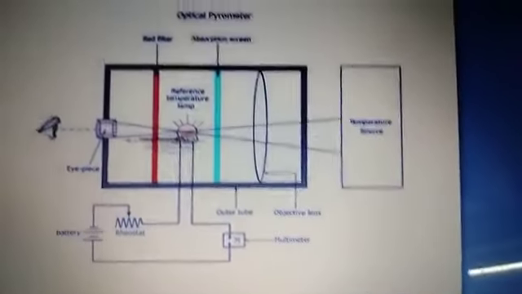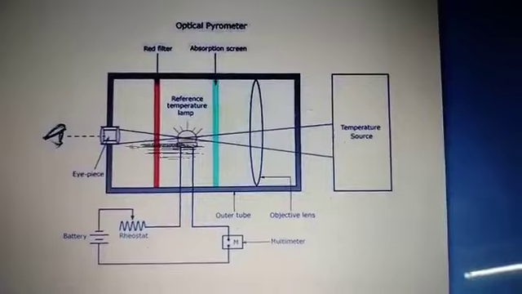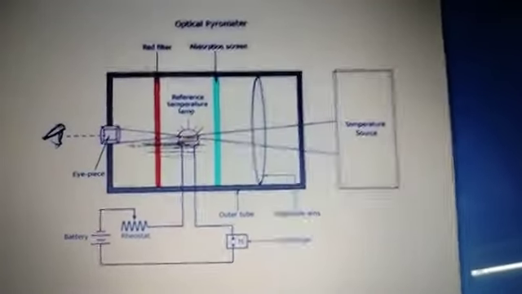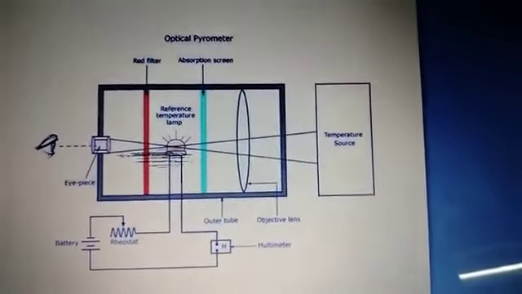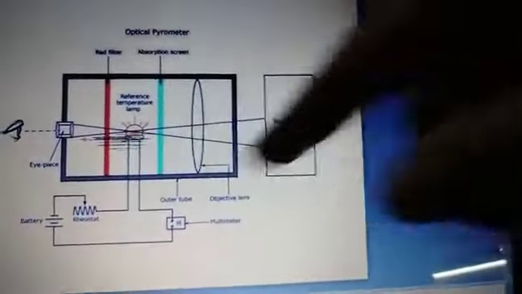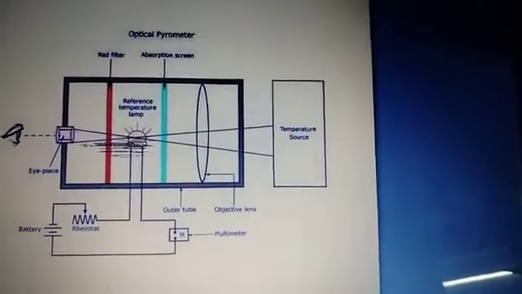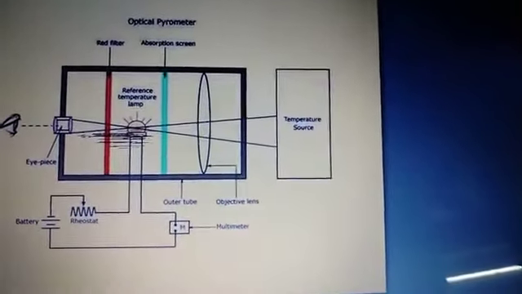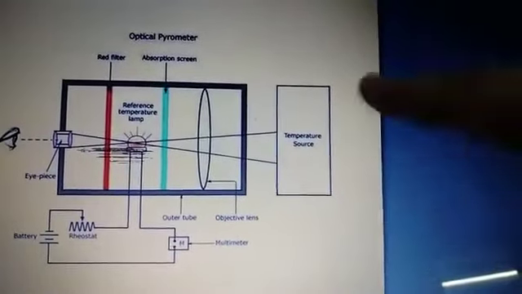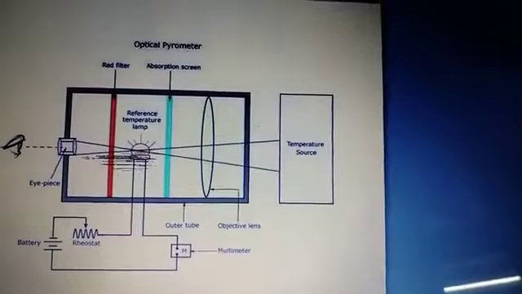The optical pyrometer system looks like this. This is the arrangement. Here this is the temperature source and this one is the optical pyrometer system. The main components are: outside, there is a temperature or radiation source whose temperature is to be measured.